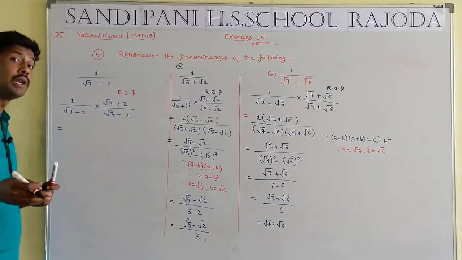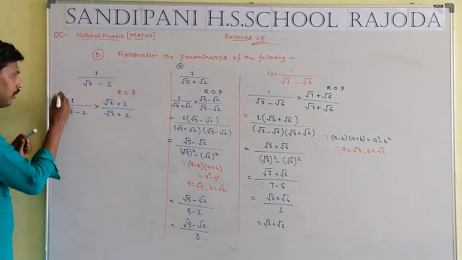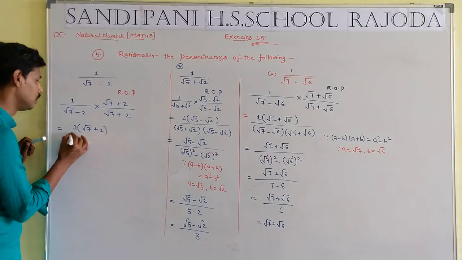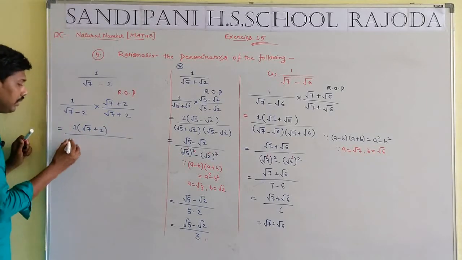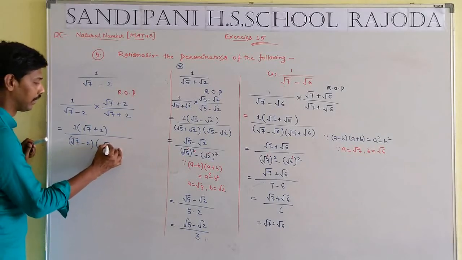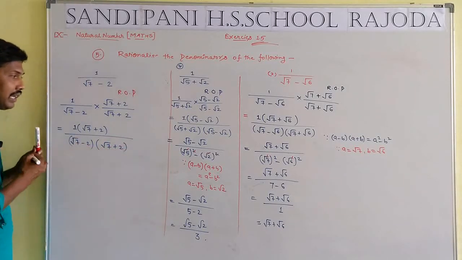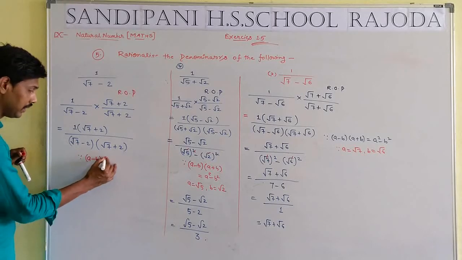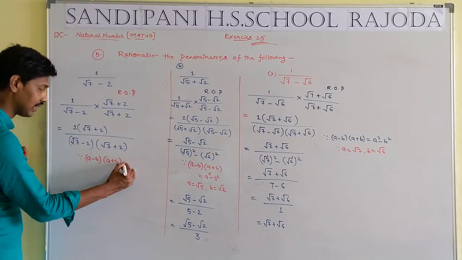Numerator will be multiplied by numerator: 1 multiplied by root 7 plus 2, and denominator multiplied by denominator. Now we take the identity in the form a minus b, a plus b. What is the result?